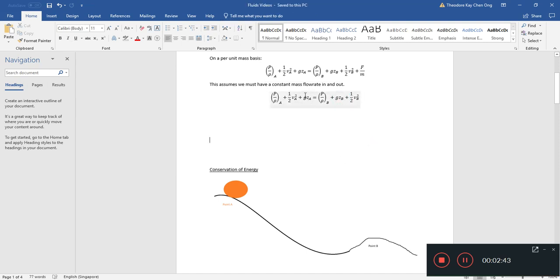So for incompressible flows with negligible frictional forces, this equation definitely applies.